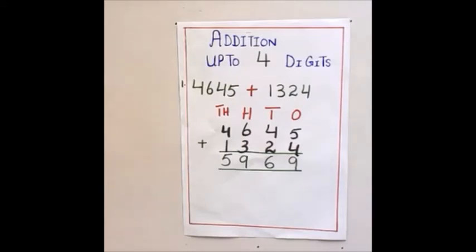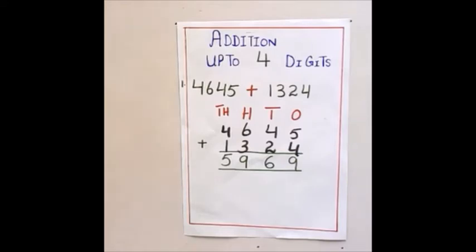So, how do we add the 4-digit numbers? Well, addition of 4-digit numbers is very similar to the addition of 3-digit numbers. The first thing is to write the two numbers that we want to add, one below the other.